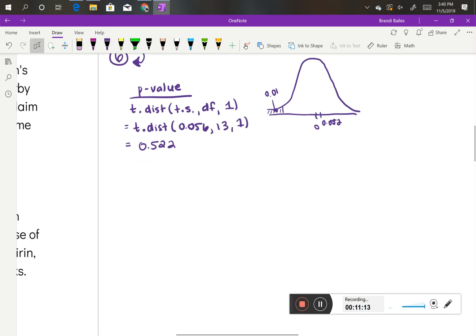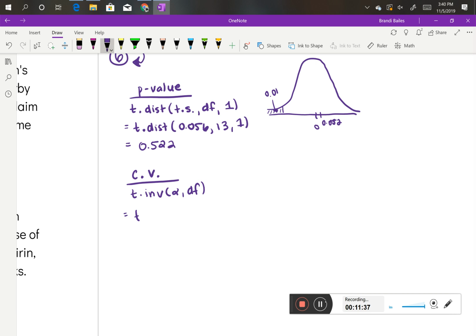Doing a similar calculation with critical values, instead of finding an area, I would find the critical value that's associated with alpha. So to do that, I will use t.inv of alpha and the degrees of freedom.